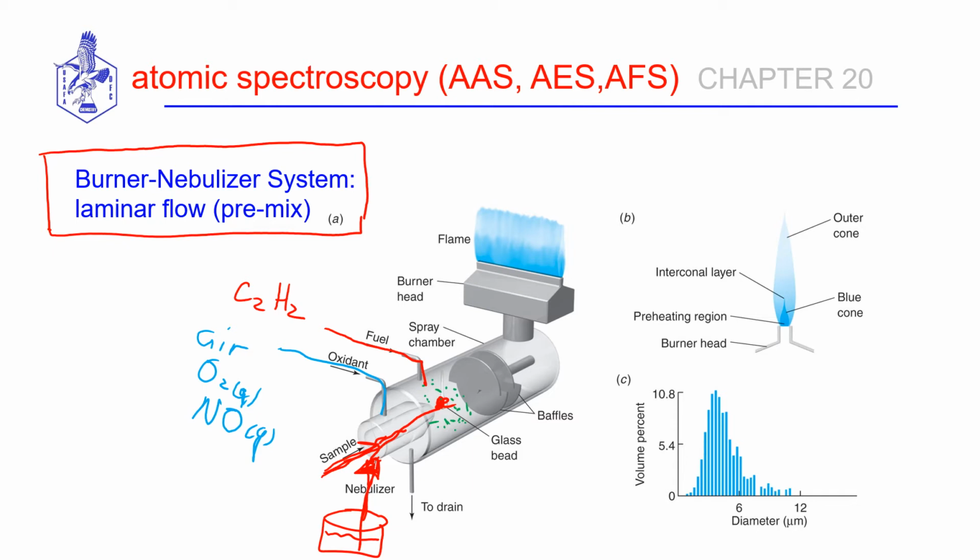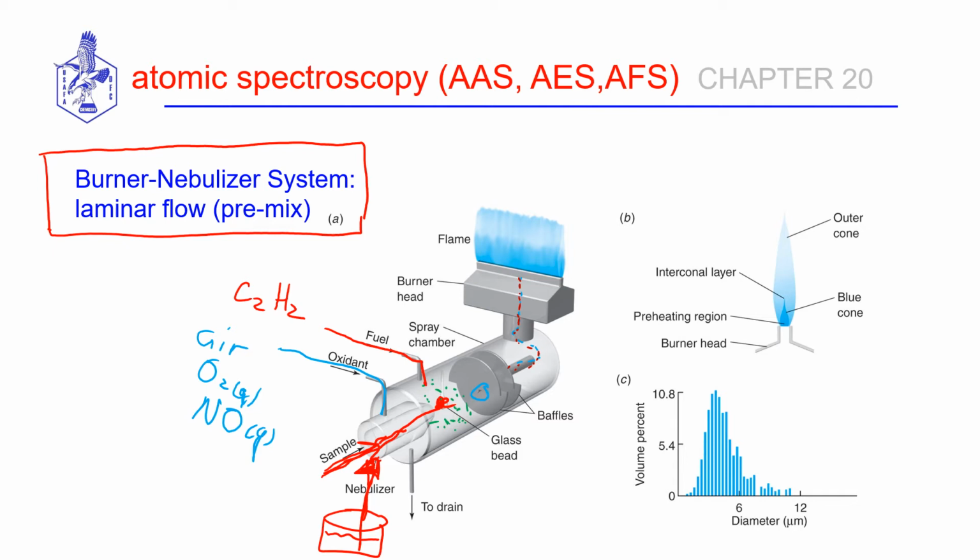We are going to have just a little hole that allows our tiniest of droplets to enter into here and get up into the flame. Let me do that again in a different color so you can see that. The little tiny droplets get up into the flame, and once again, that desolvation process happens.